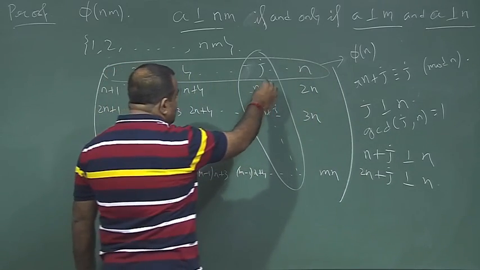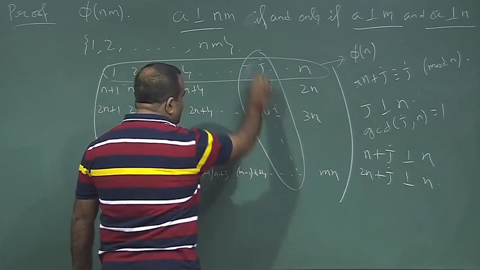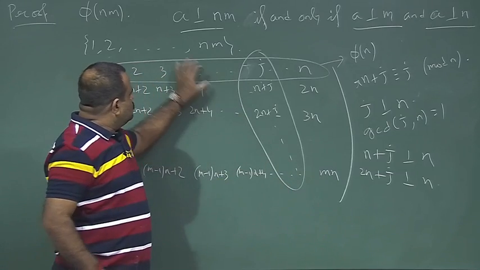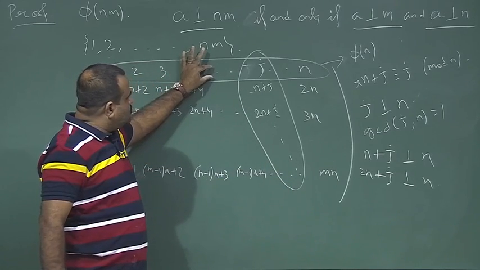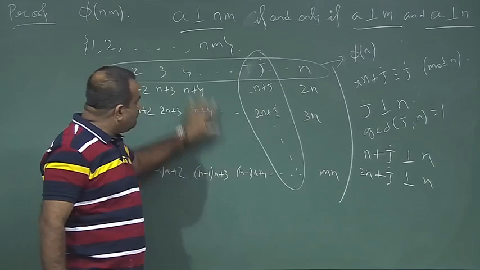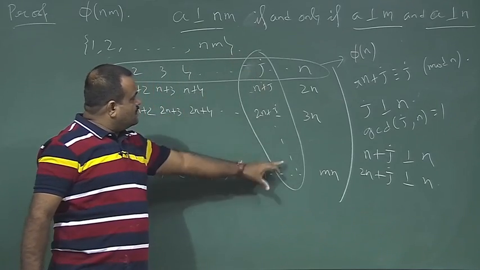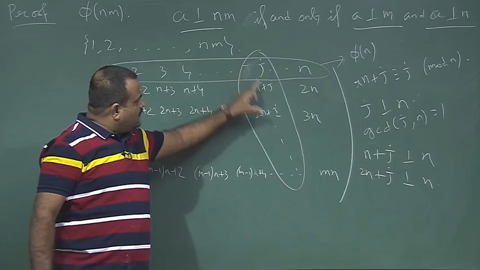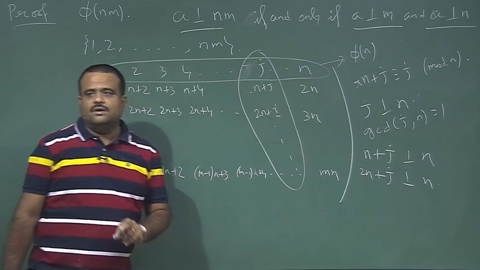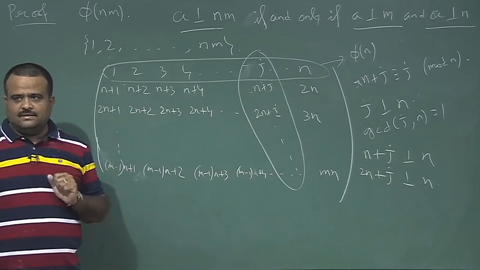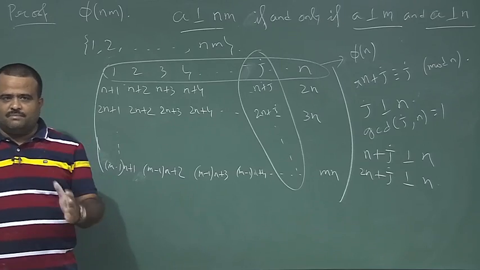So all the elements in that column are co-prime to n. So this is the jth column, and all the elements in this column will be co-prime to n, and there are phi n such columns.